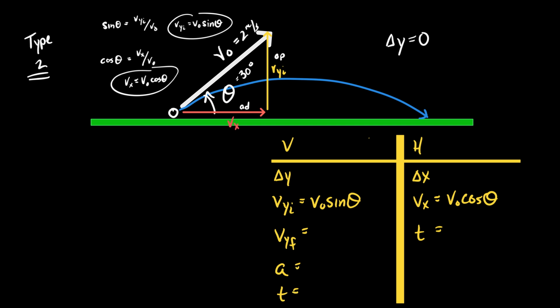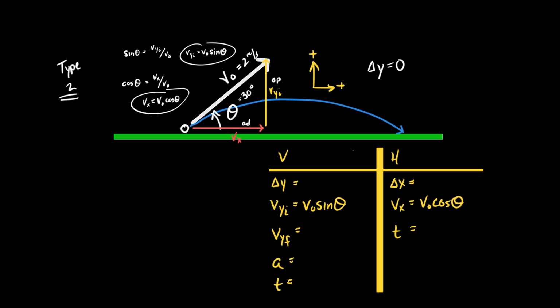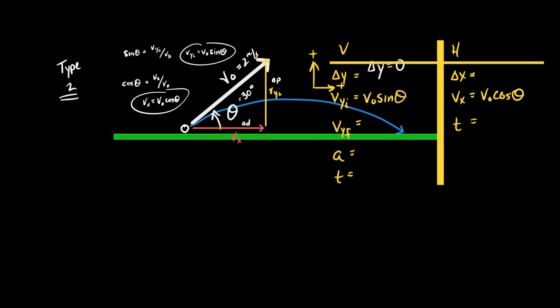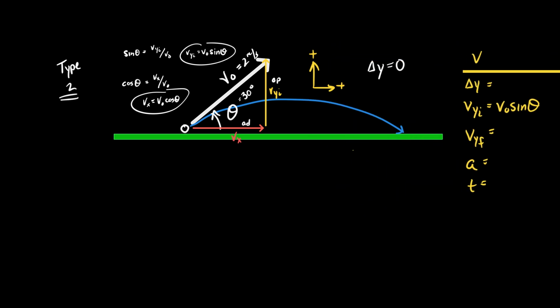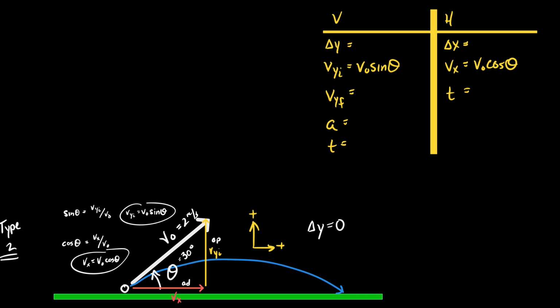Do you guys want up to be positive or down to be positive? Up is positive. Do you want the right to be positive or the right to be negative? All right. It seems like this is something you guys can do. Put the picture on the bottom. Put this over here on the top. Let's see what we can put together here.